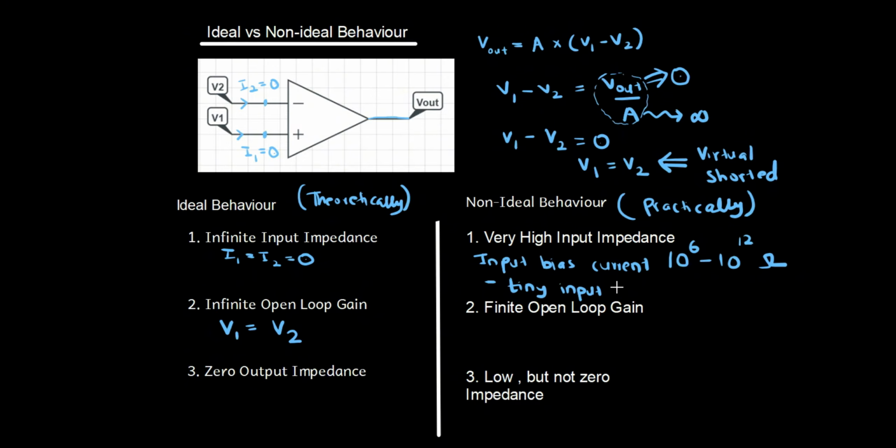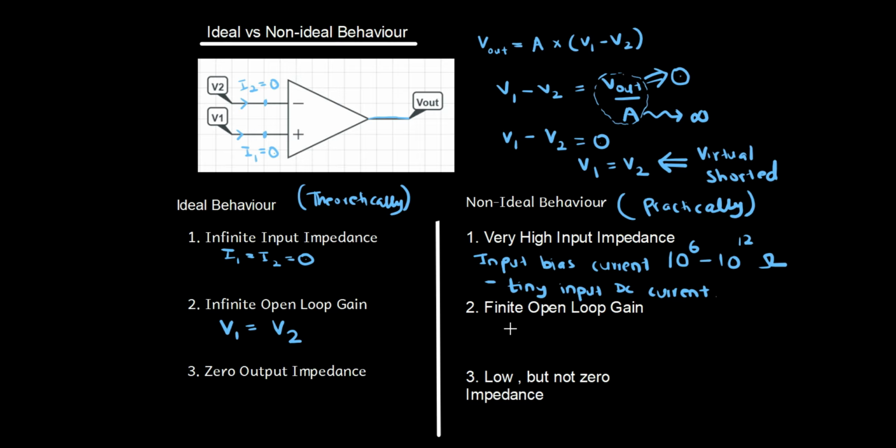It's a tiny input DC current flowing into the terminals. But in the ideal behavior, we assume that the current entering into the input terminals is zero, right? And then ideal behavior two, infinite open loop gain, therefore V1 is equal to V2. But in practice, this is not the case, right?